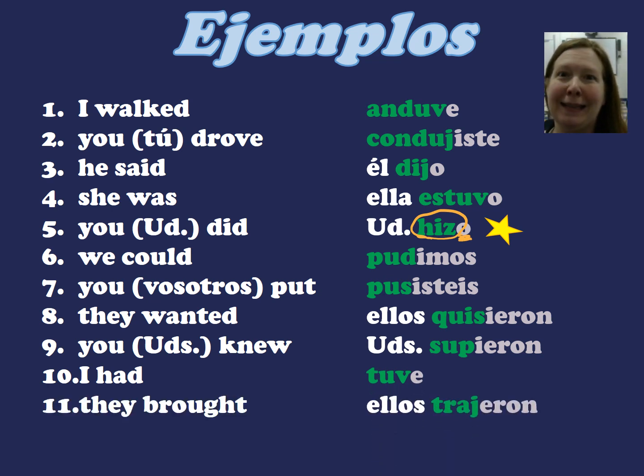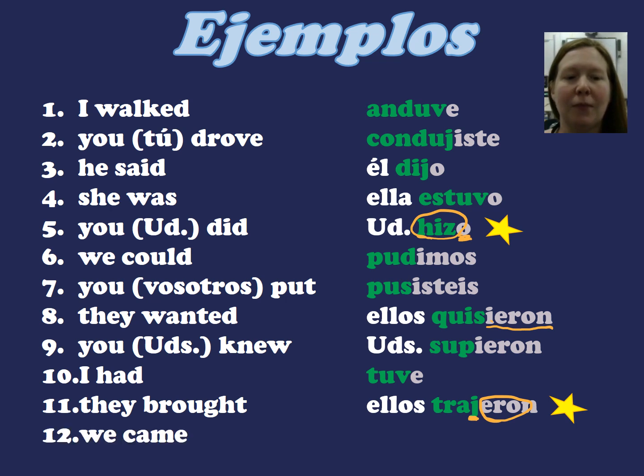Now, again, I did this example on purpose so that you could see this specialty. So, normally, the ellos ending is i-e-r-o-n. But when you have a stem that ends in j, like the one for traer does, then you have to drop that i and make sure that it's just e-r-o-n. So it's trajeron. We came, vinimos.